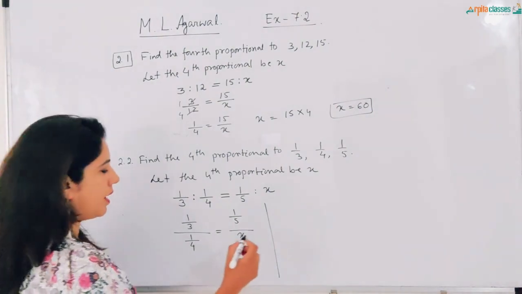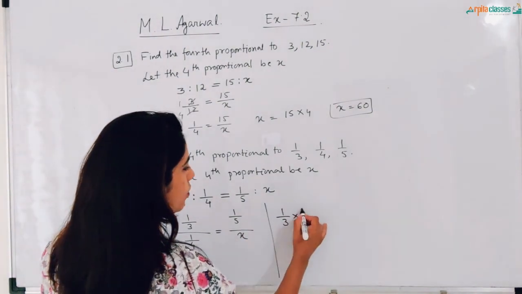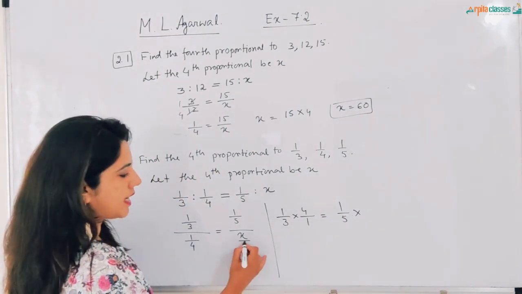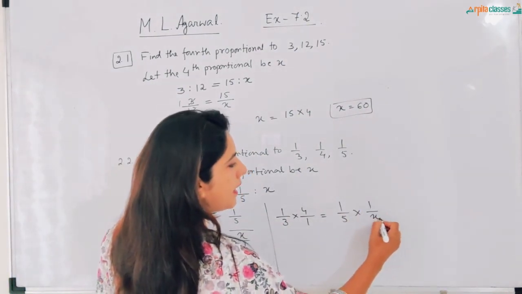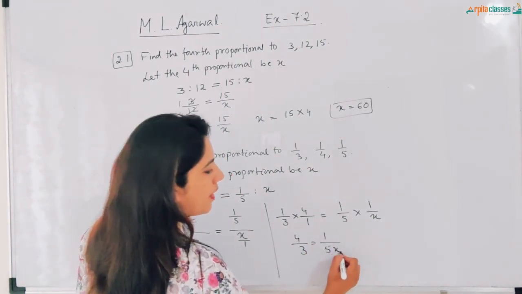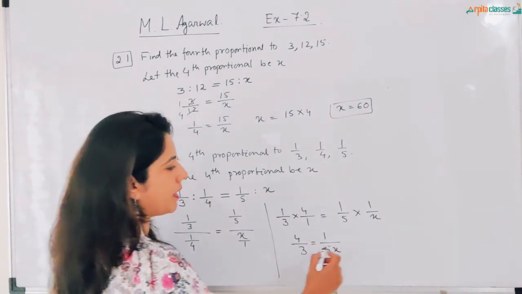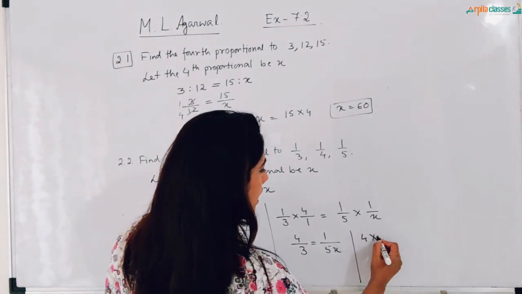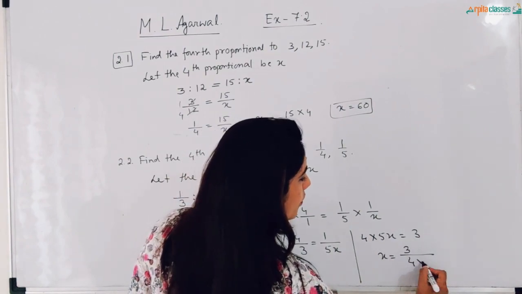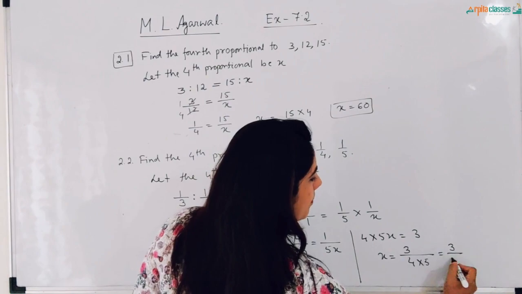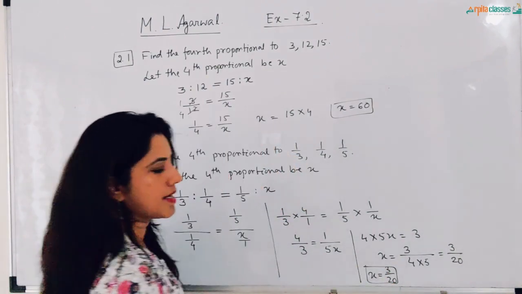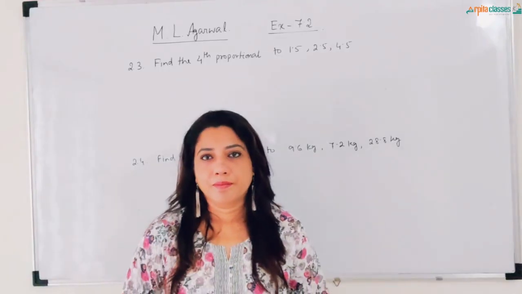Now let us solve this. 1 by 3 into 4 by 1 is equal to 1 by 5 into, this is x by 1 which will become 1 by x. So this is 4 upon 3 is equal to 1 by 5x. Now we can cross multiply. So it is 4 into 5x is equal to 3, or x is equal to 3 upon 4 into 5. That is 3 by 20. That means the fourth proportional here is x is equal to 3 upon 20.